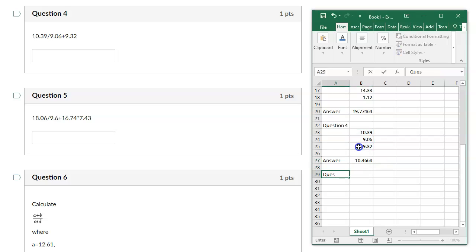And question five. Question 5, 1806, 9.6, 16.74, 7.43. The answer? All right, putting the equation, it's the 1806 divided by the 9.6 plus 16.73 times.